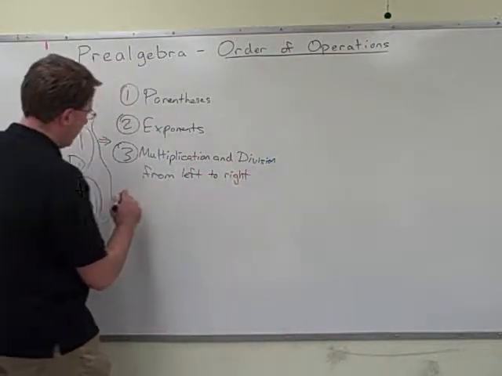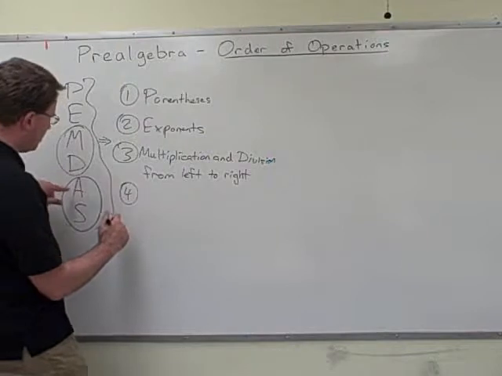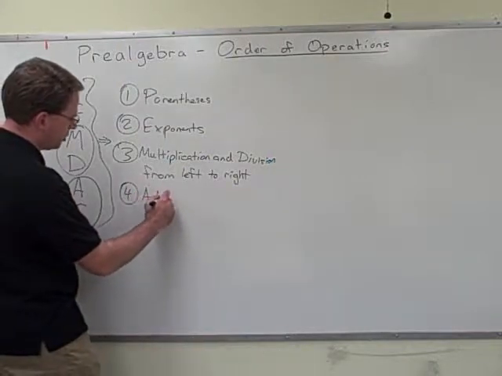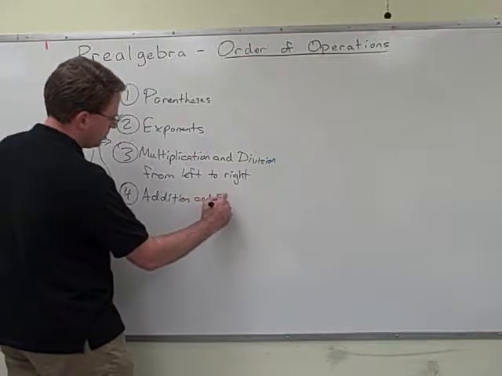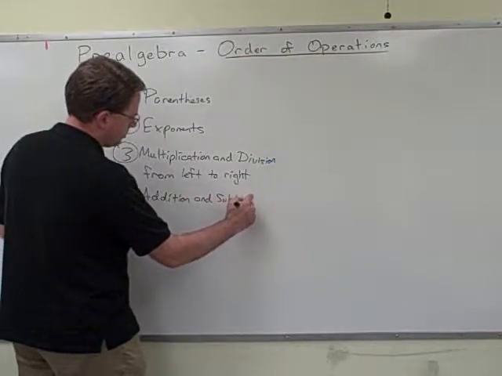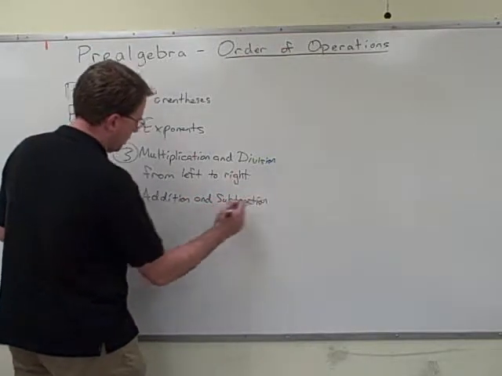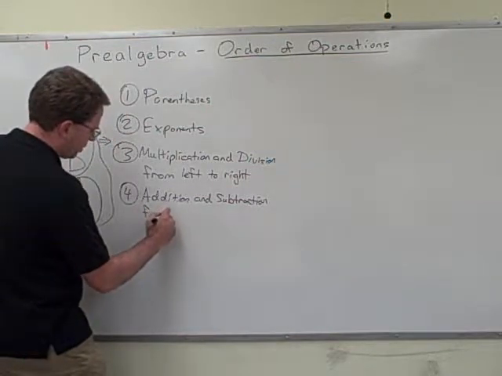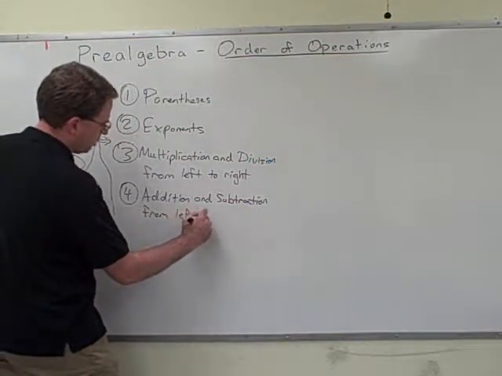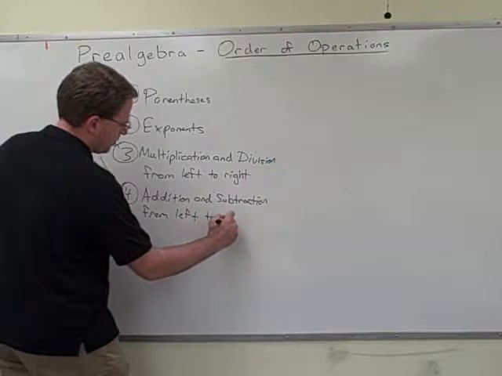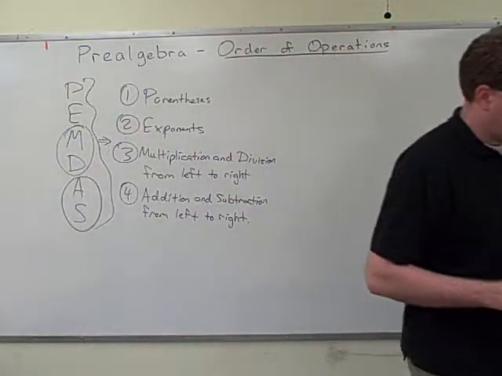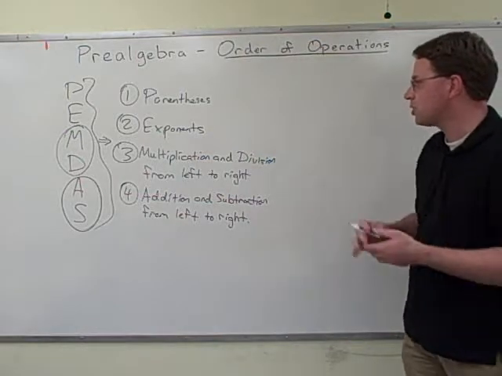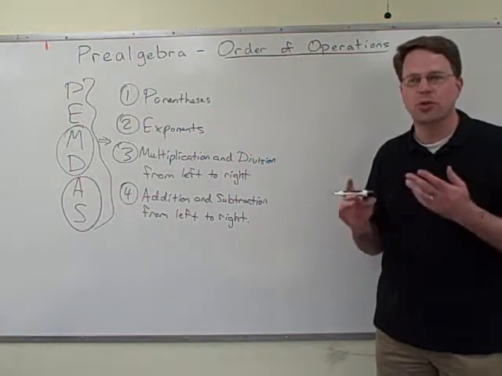And the fourth thing you do is addition and subtraction from left to right also. Okay, let's try some examples with this. I can show you how this all works.